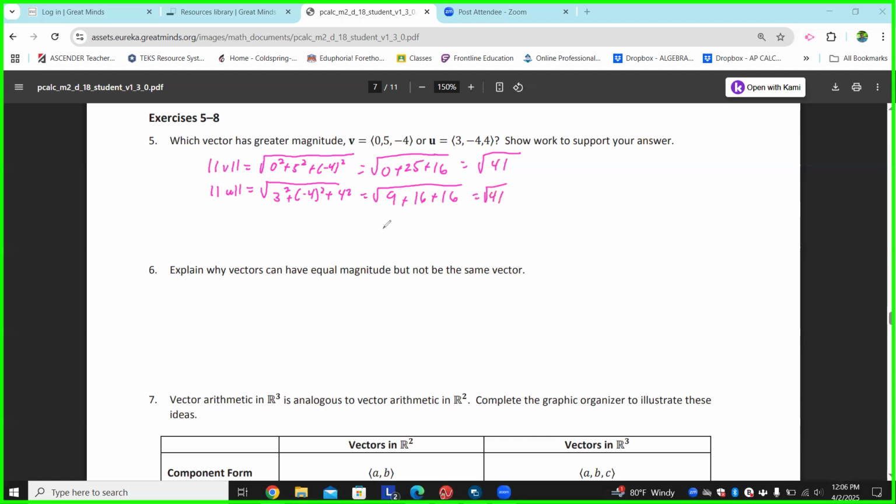So yes, they are equal. Very good. Anybody have any questions on that math? All right. So on number 6, explain to me why you think vectors in three-dimensional space can have equal magnitude but be a different vector.